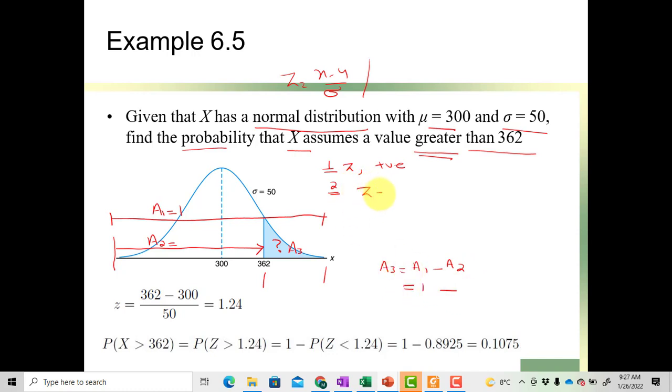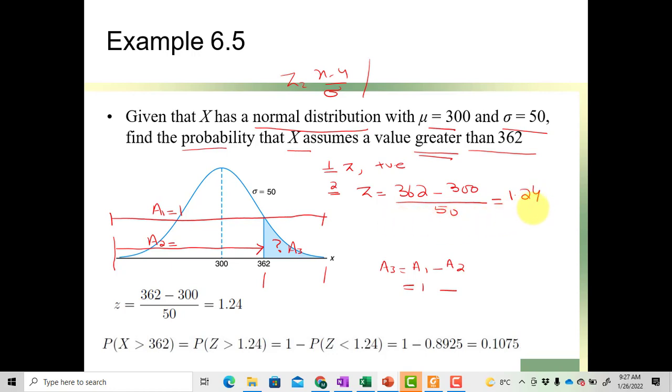So first of all, you will have to apply the formula. z is equal to 362 minus 300 divided by 50. You got z value equal to 1.24.